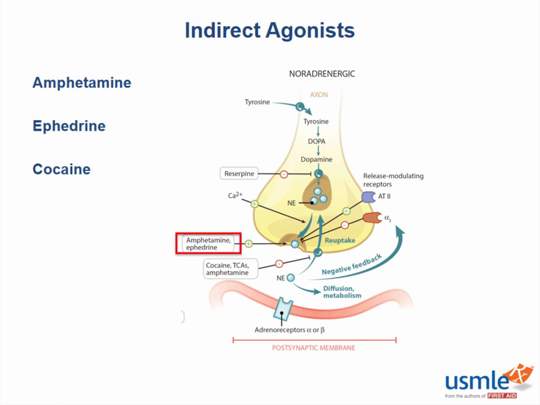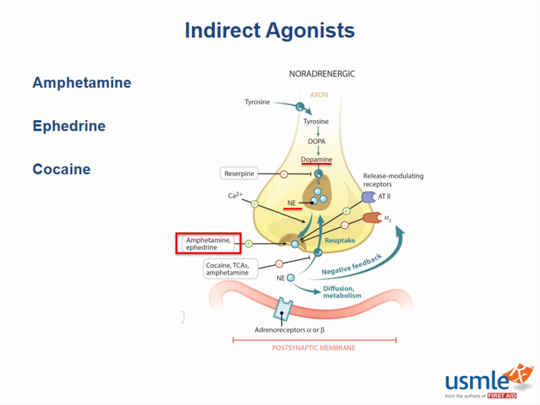Amphetamine and ephedrine are very similar in structure to catecholamines and therefore can displace them from storage places within the presynaptic terminal. This causes an increase in the release of catecholamines like norepinephrine and dopamine. The release of norepinephrine is responsible for the stimulatory effects, and the dopamine is responsible for making you feel awesome and addicted.